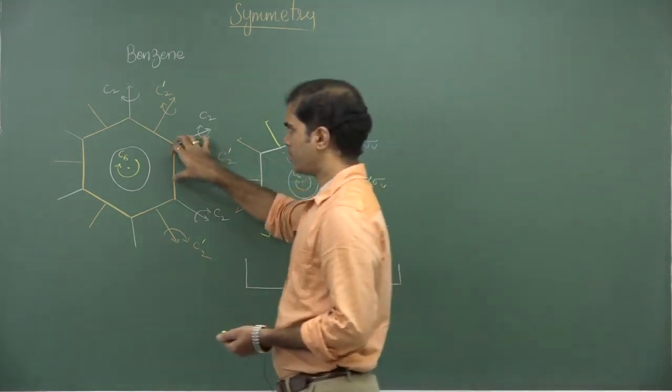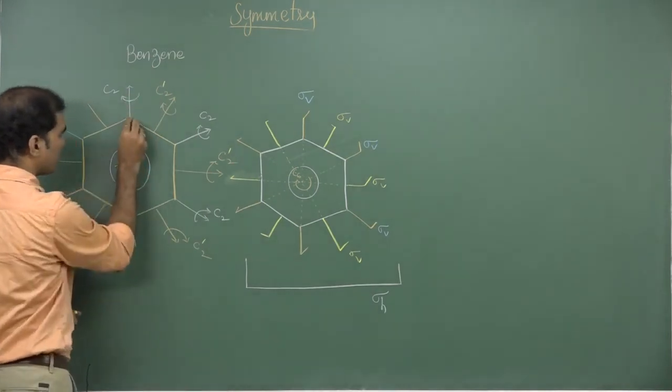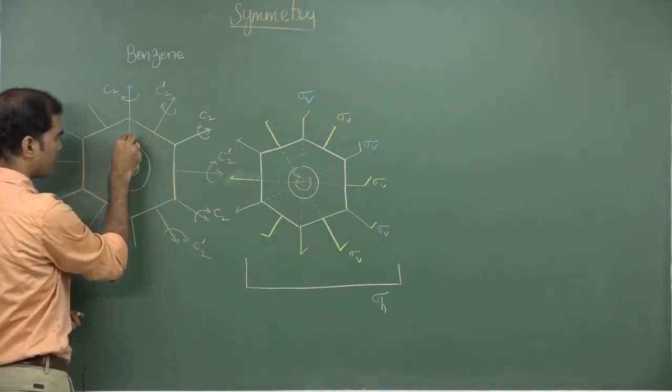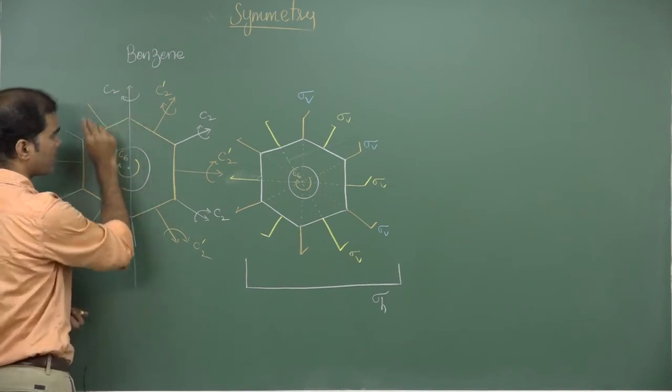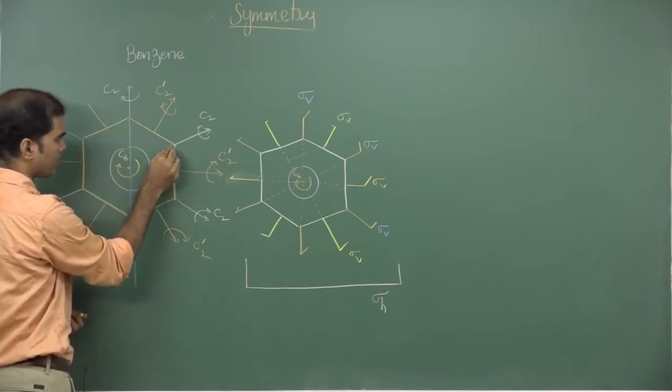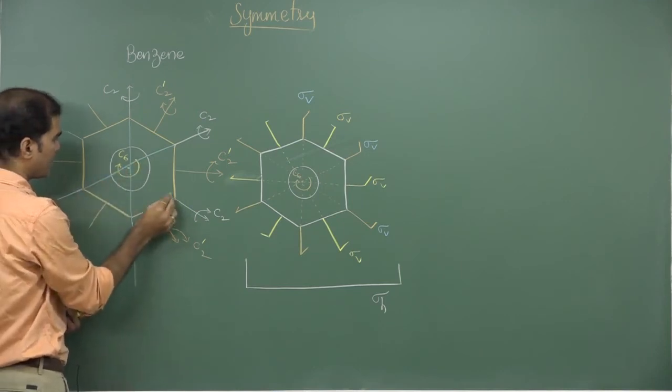Now look at this rotational axis again. Here this is a C2. I am just putting a full C2. This is one C2, this is a second C2, and this one is a third C2.